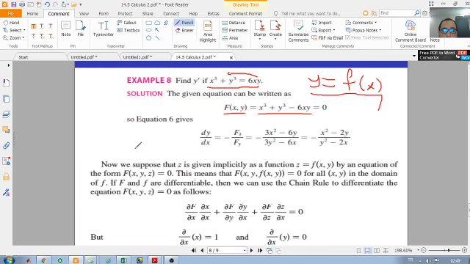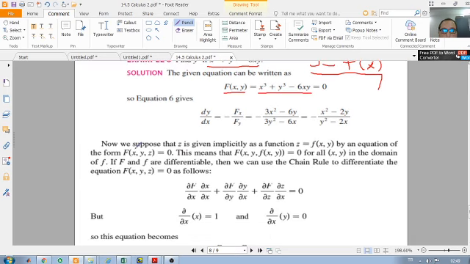So what about functions of two variables given implicitly? We suppose that z is given implicitly as a function z is equal to f of x, y by an equation of the form bigger F of x, y, z is equal to 0.